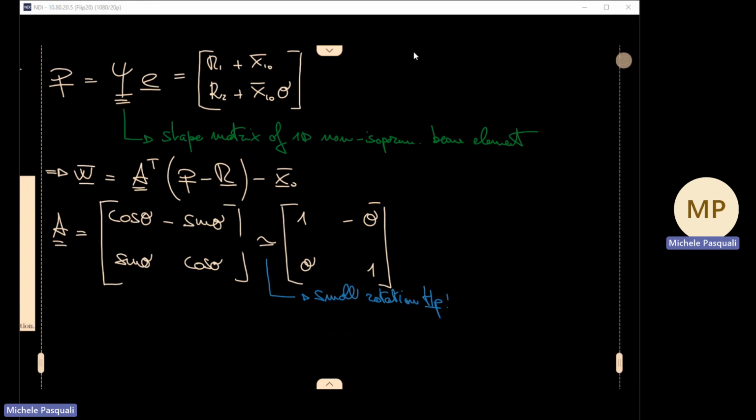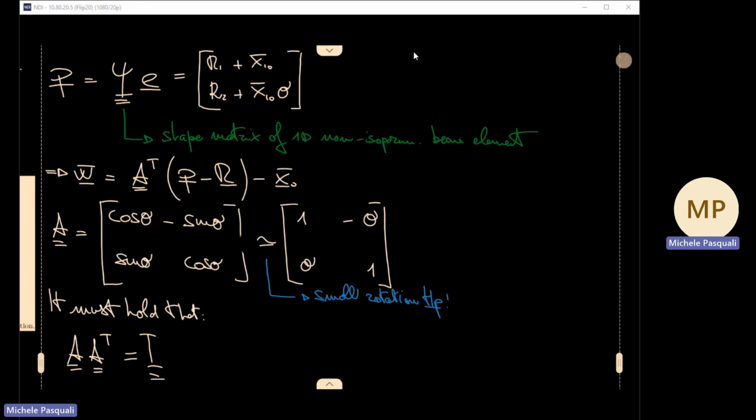In fact, when we perform this linearization, we have to check one thing which is important. It must hold that A applied over A transposed must be the identity.